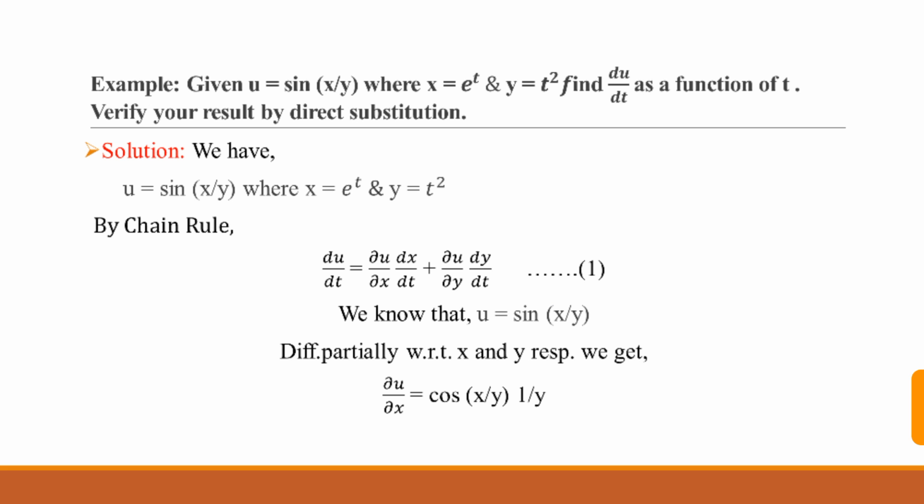We know that u is equal to sin of x upon y. Now differentiate partially with respect to x and y respectively, because u is a function of two independent variables. We get del u by del x is equal to the derivative of sin, that is cos of x upon y, into the derivative of x upon y, which becomes 1 upon y, because here we differentiate with respect to x.